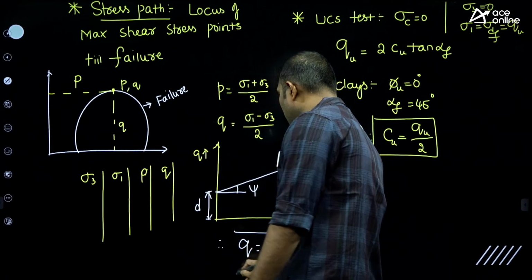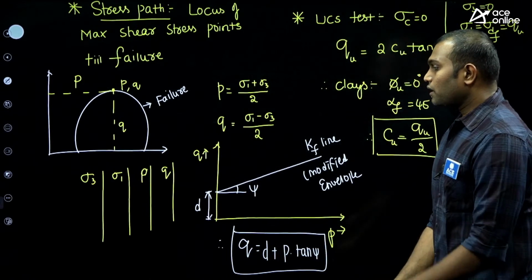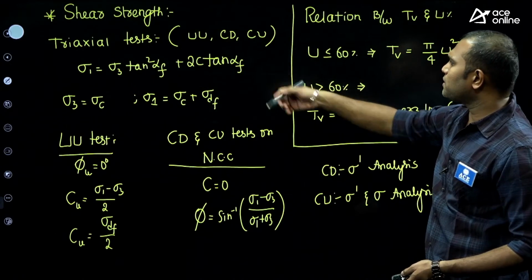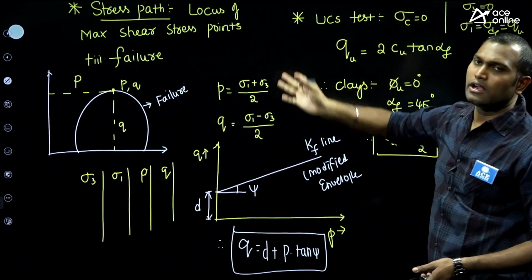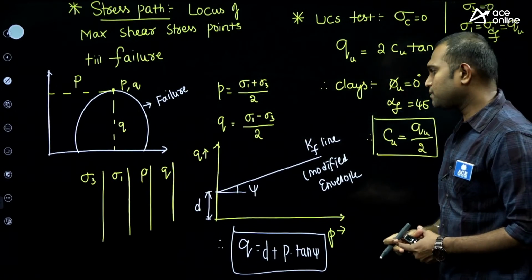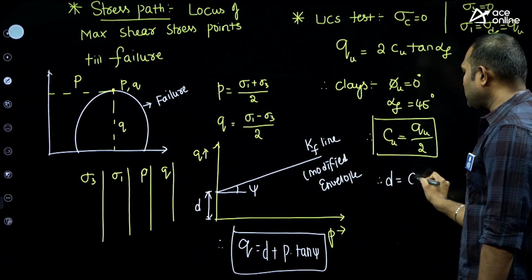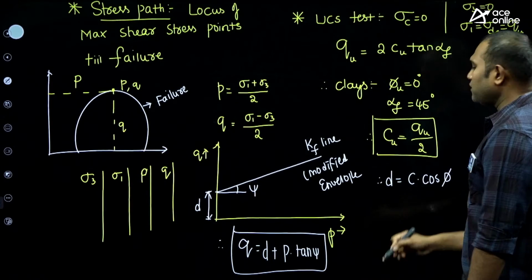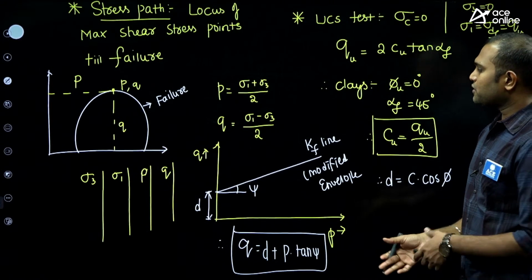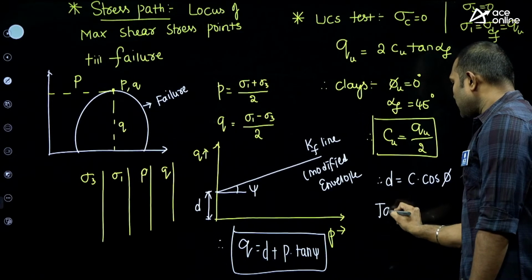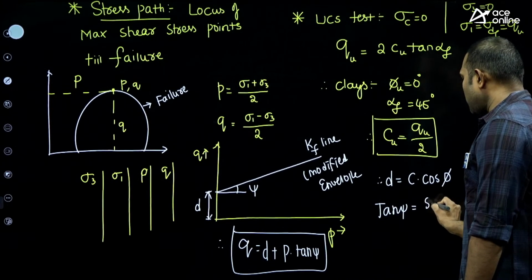That's the equation of the modified failure envelope. Earlier, questions would be asked based on the triaxial test and UCS test. In previous years, they're asking about the stress path also. From here, the d value is C cos phi. There is some derivation for getting this, comparing the modified envelope to the standard envelope. And tan psi equals sin phi.